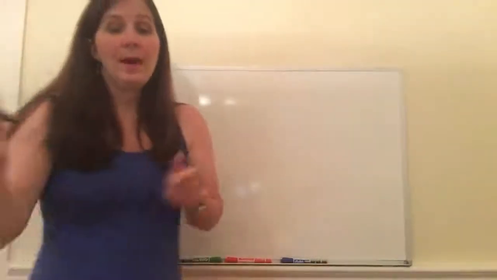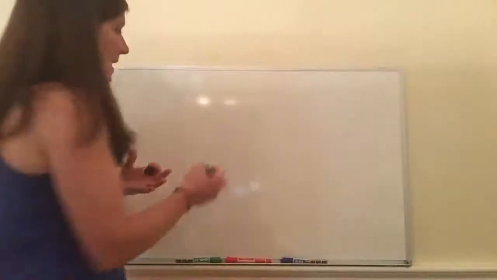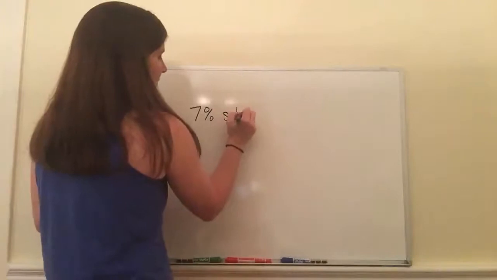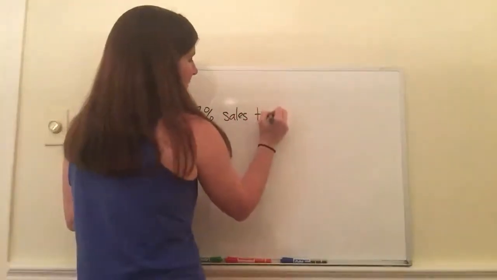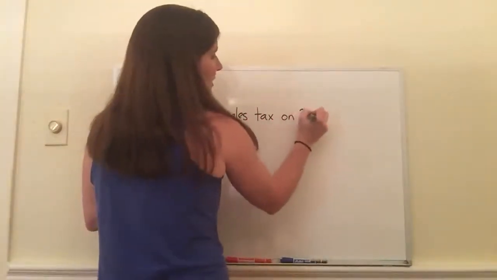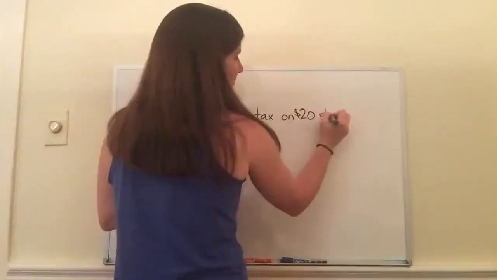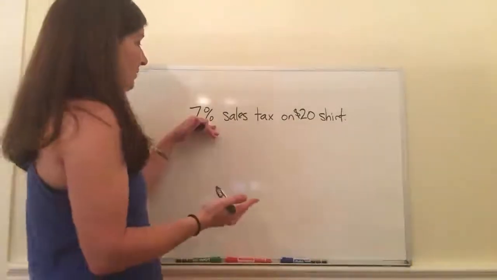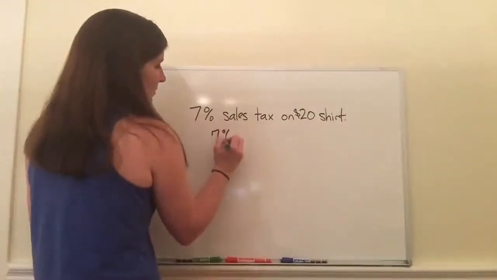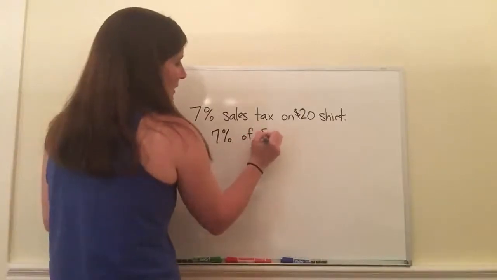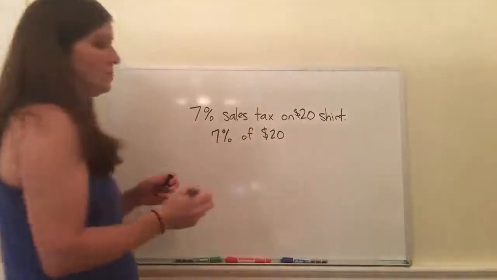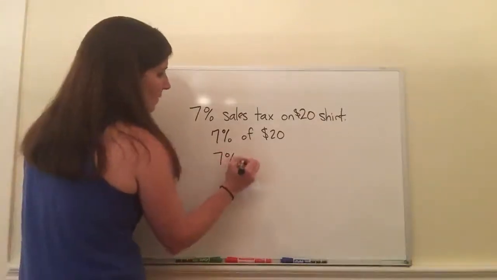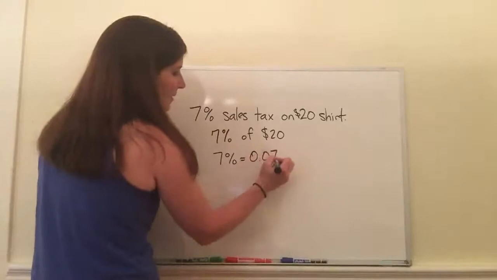Okay, now we have a 7% sales tax on a $20 shirt. Now let's just use method 2. So 7% of 20. So 7%, 7 divided by 100 is 0.07.